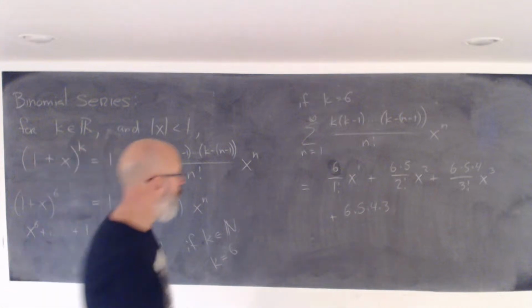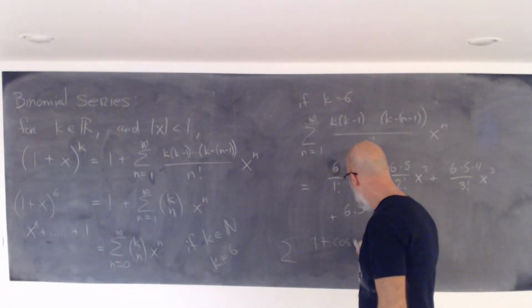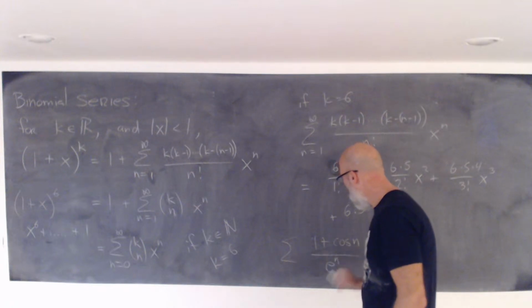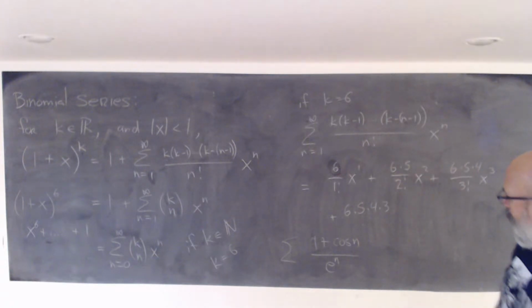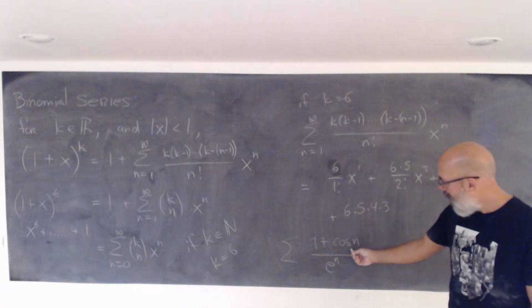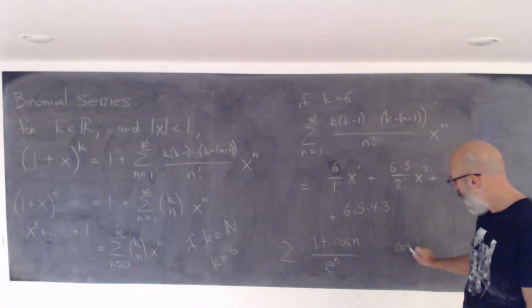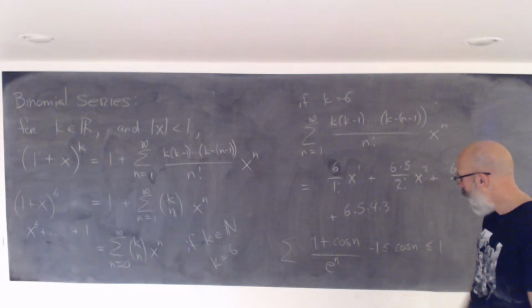Amar is asking, how can we determine the convergence or divergence of something like this? You know what to do, right? Cosine n is always between -1 and 1.